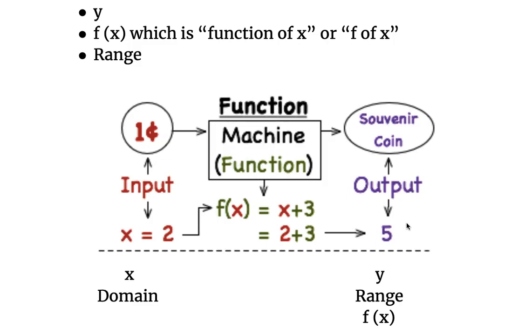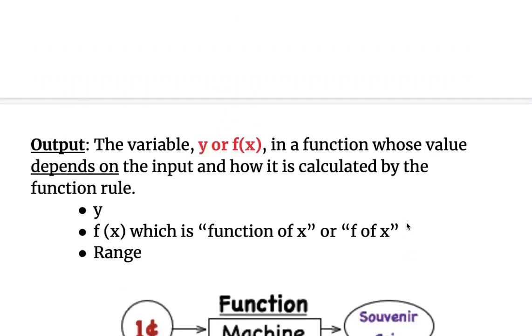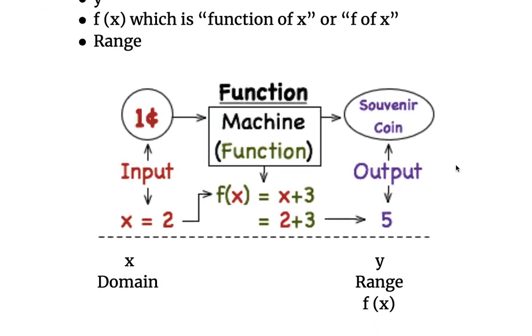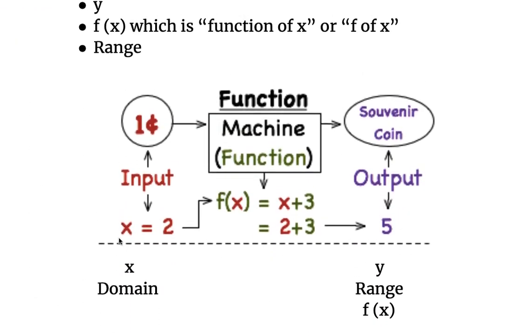So it might look like another equation to you. But be careful, not all equations are functions. So far, what you're learning in 8th grade math, that's true. However, there could be equations that aren't actually functions. Remember, in order to make it a function, it needs to have only one unique output assigned to each input. So what that means is when I put in x equals 2, there's only one possible answer, 5.